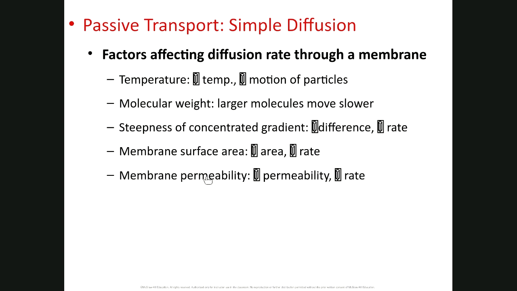Permeability, you remember, refers to whether it's easy or not easy for something to pass across the membrane. So if something is high in permeability, meaning it has a greater potential for solutes to cross it, then yes, there will be a higher rate of diffusion. So I'm sure you'll have a question about how these variables affect the rate of diffusion, whether they will increase or decrease the rate.